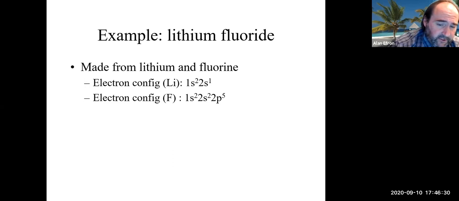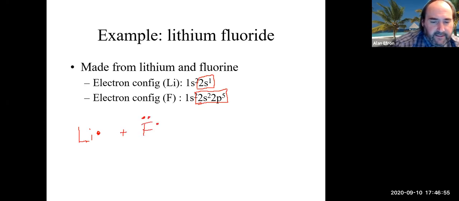Lithium, which is group 1, has this one valence electron right there. Fluorine, which is group 7, has these 7 electrons right here as its valence electrons. So if we start with our symbols, we have a lithium that has 1 dot, and we add it to a fluorine that has 7 dots around it.